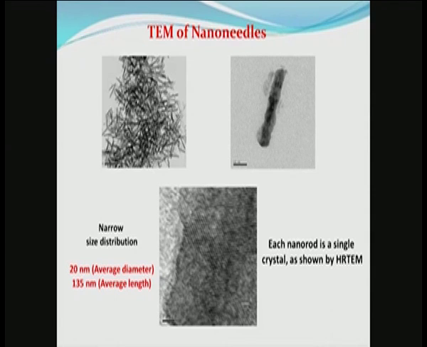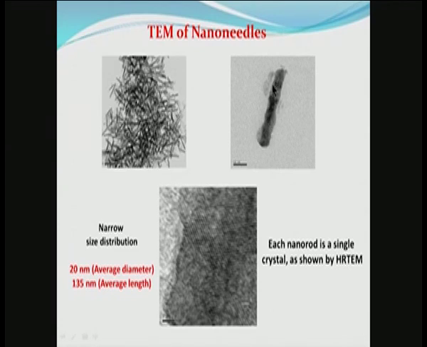In contrast with the hexagonal and the cubic shapes, one can have nano needles. So, these are TEM images of some needles prepared by a solution process, and you can see that these are extremely tiny needles. Essentially, the aspect ratio is very high.